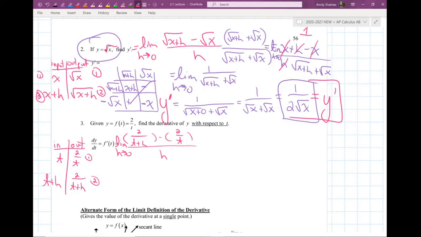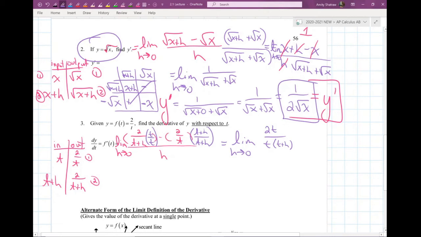Okay, so I want to get my common denominator, and that means right here, I'm going to say that I'm multiplying everything by t over t. And right here, I'm multiplying this term by t plus h over t plus h. And so when I simplify this out, the limit will now be as h approaches 0 of, ready, 2t over t times t plus h.